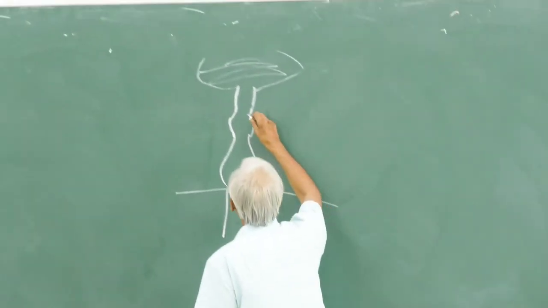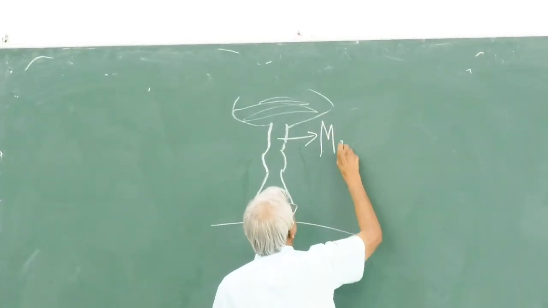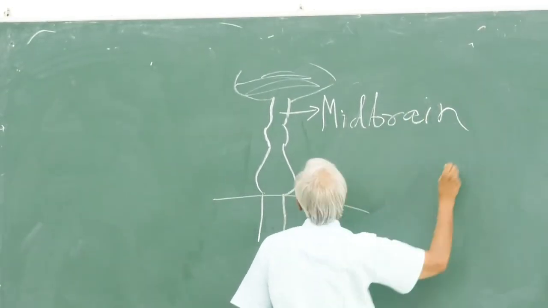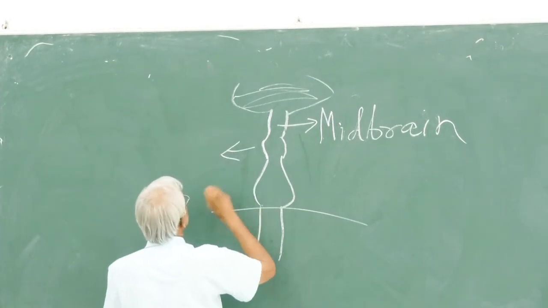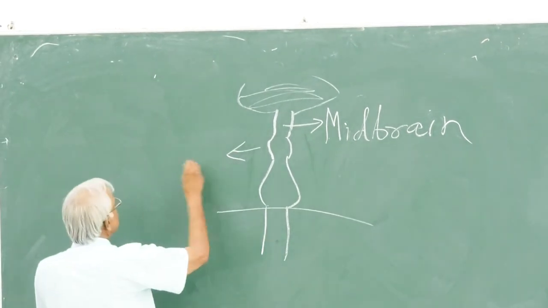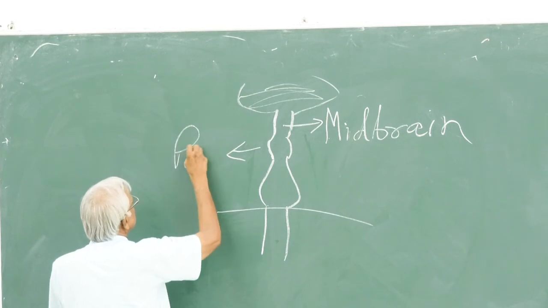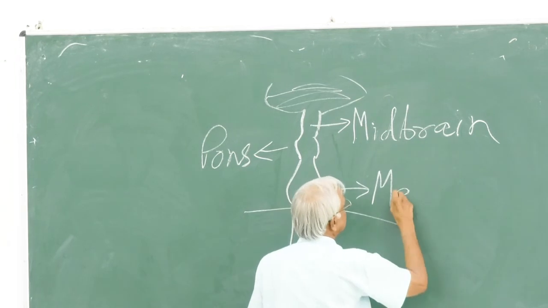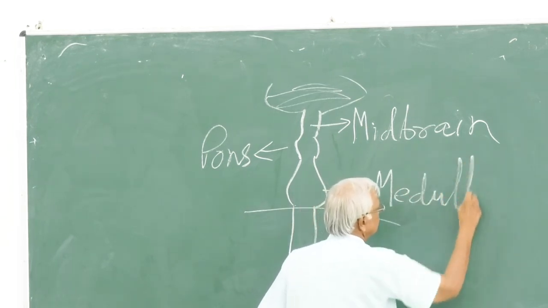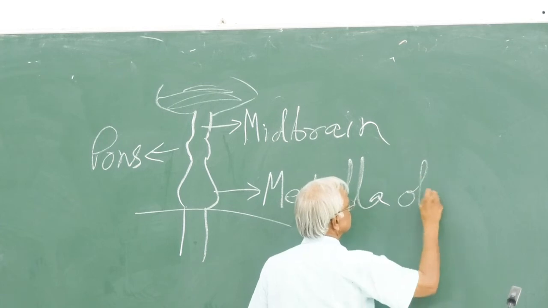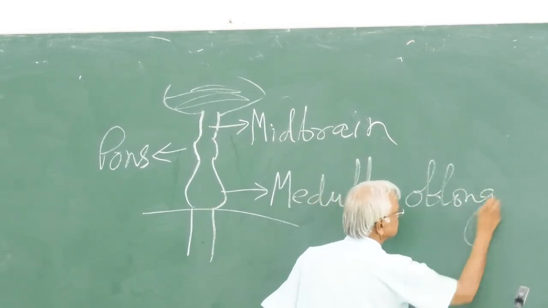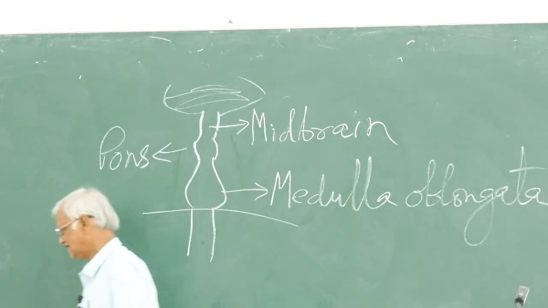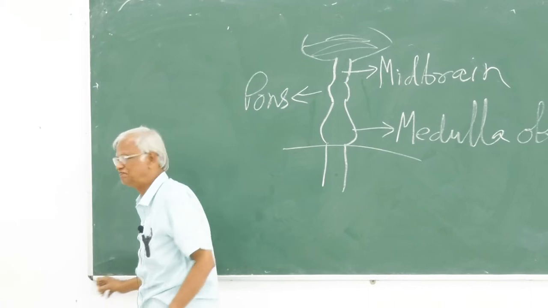The uppermost part is called midbrain. Elementary nervous system, everybody knows. The middle part is called pons. The lower part is called medulla oblongata. These three parts together form what is called the brain stem.